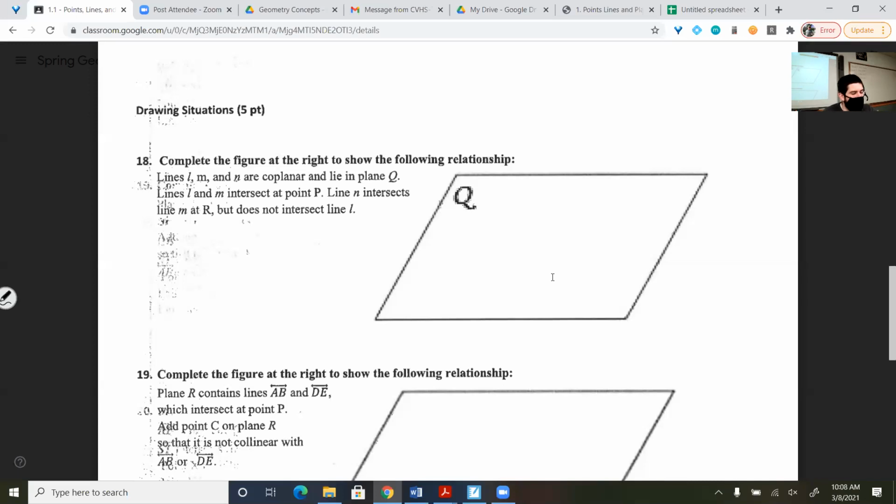So again, this is like a little puzzle. I recommend that you do this in pencil because you might need to erase. I know that there definitely exists a point P and a point R. So maybe start off with those points and then try drawing these 3 lines so that you have 2 lines that intersect at P, 2 lines intersect at R, but line N does not intersect with line L. All right, so the best strategy I have for you is just to try this, see if it meets the criteria that you need, and if not, go back and try to modify as you'd like.